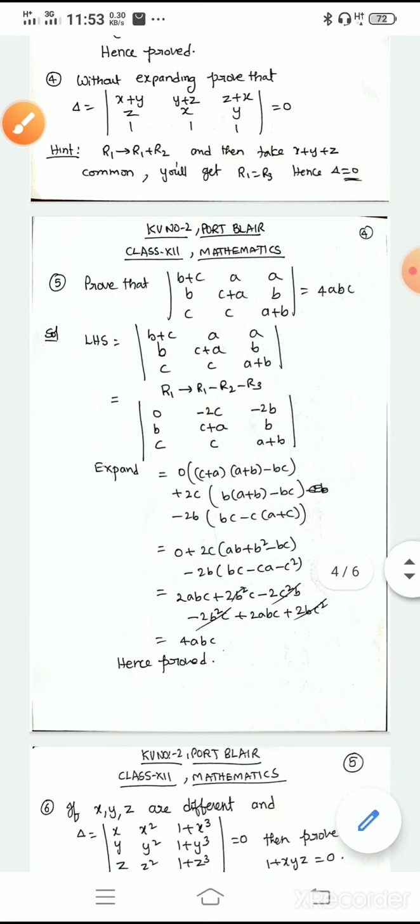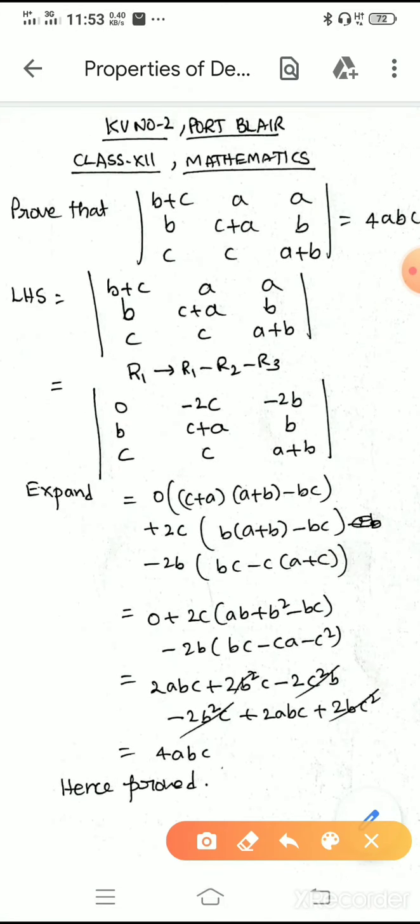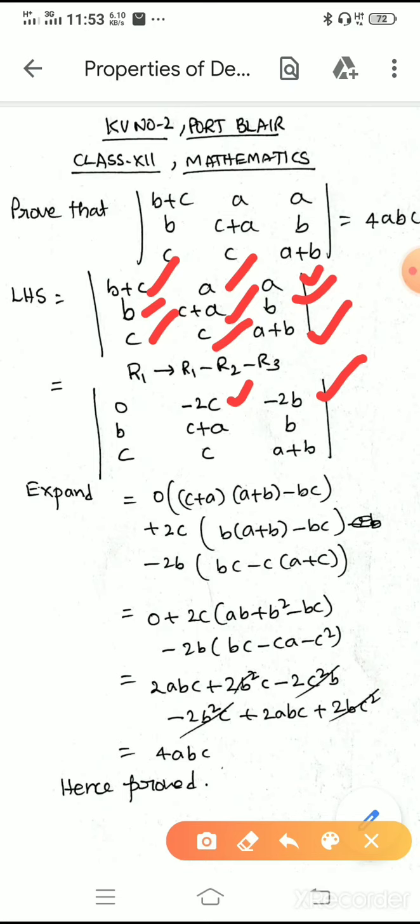So b plus c minus b minus c will be 0. Then a minus c plus a minus c gives minus 2c. Then a minus b minus a plus b gives minus 2b. The other rows remain the same.